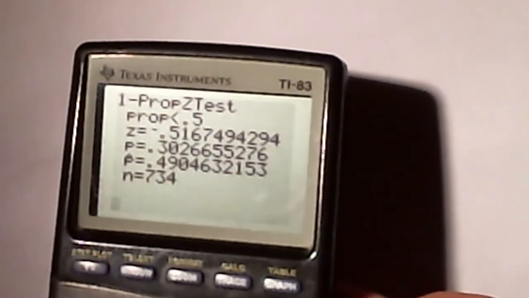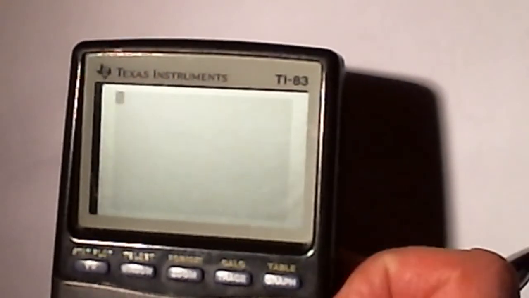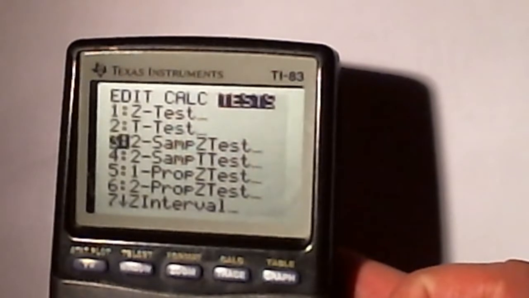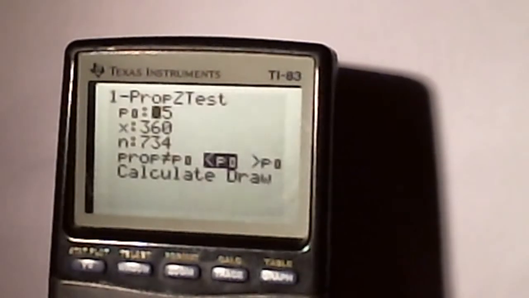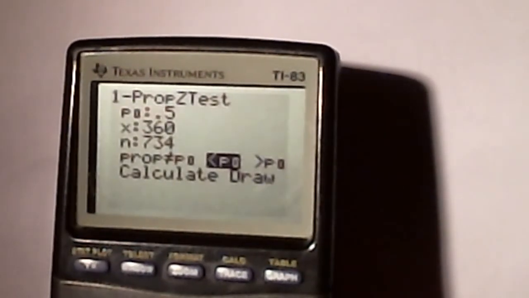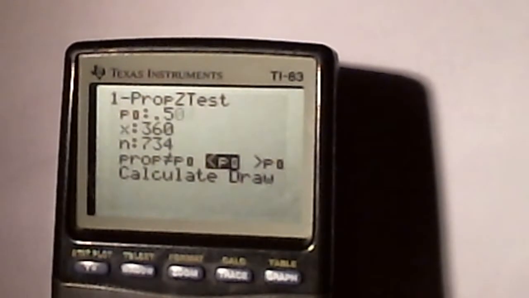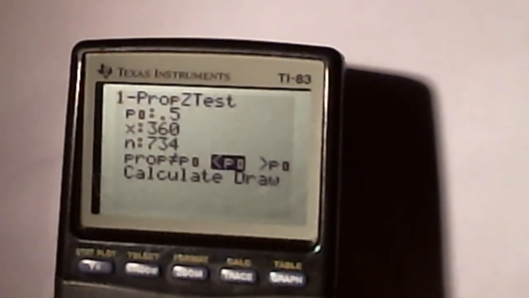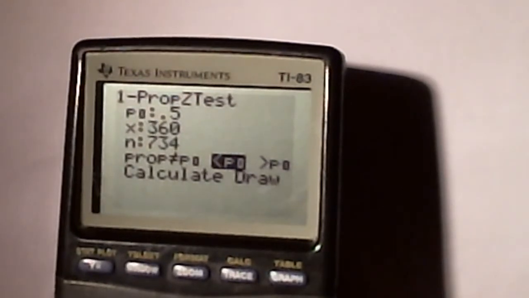To conduct this hypothesis test, again, we hit our stat button, go over to test, go down and grab the one prop z test function. For p naught, we type in 0.50. The number of elements of our sample that exhibited a trait of interest was 5,720.